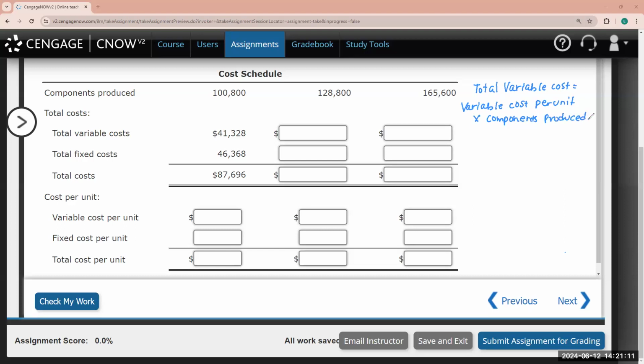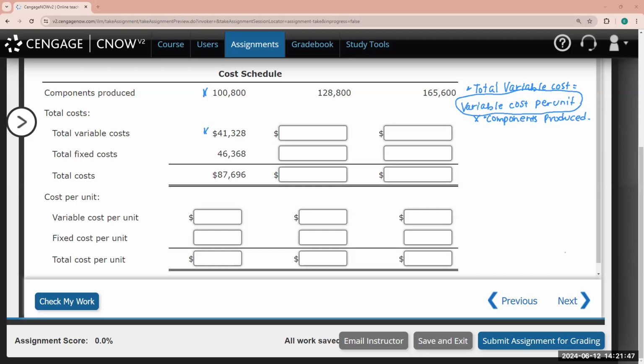Based on this information, we see that we're missing information if we manufactured 128,800 units, and if we manufactured 165,600 units. But here we have some key information that can help us determine our variable cost per unit. We know our total variable cost, and we know the components produced. So we can use this information to find the variable cost per unit.